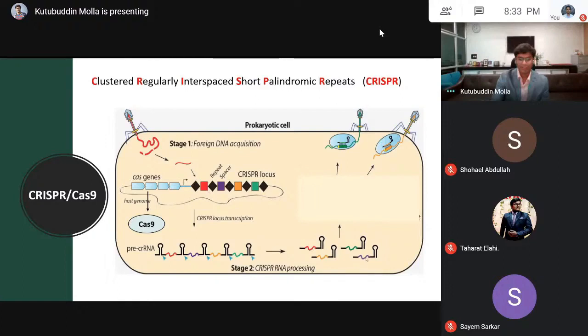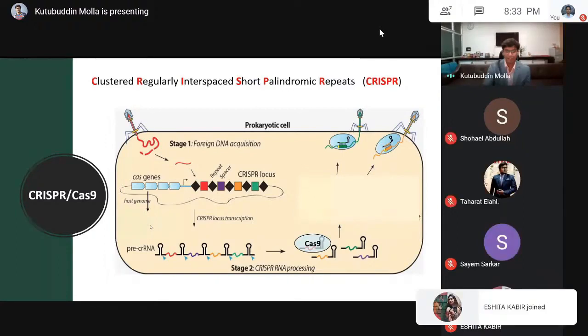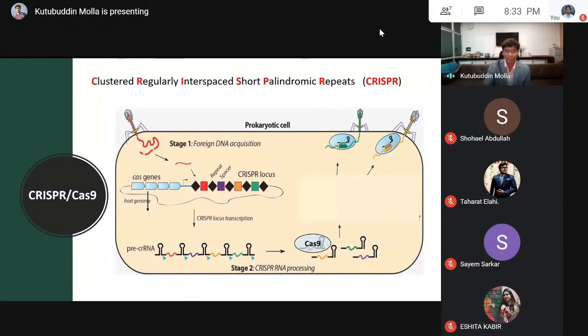Now this Cas9 is a DNA chopping protein, as I told you. The Cas9 goes and binds with the CRISPR RNA to form a protein and RNA complex, and this complex is called the CRISPR-Cas9 complex, and that's why the name comes from CRISPR-Cas9. Now these CRISPR-Cas9 complexes remain vigilant inside the cell for any future infection.